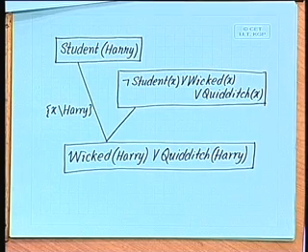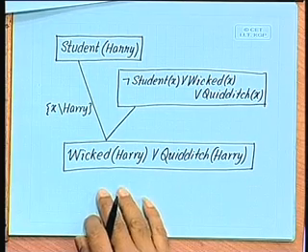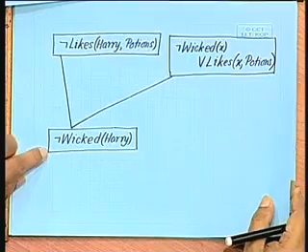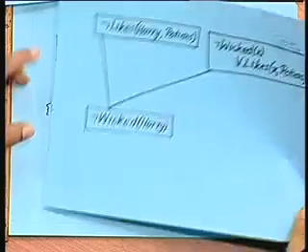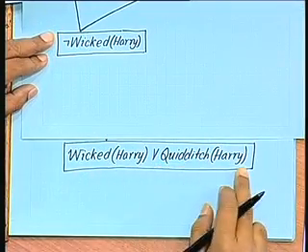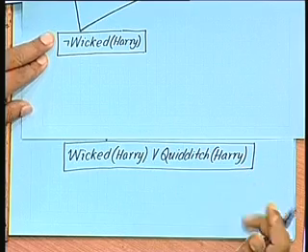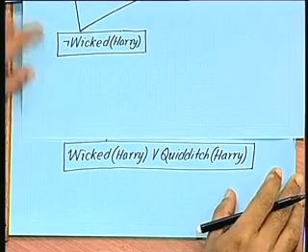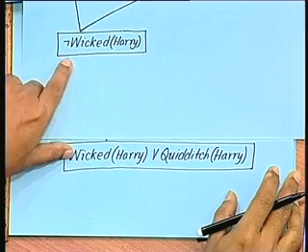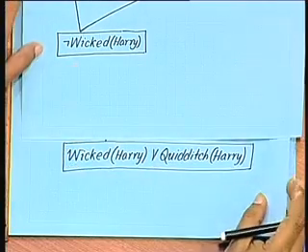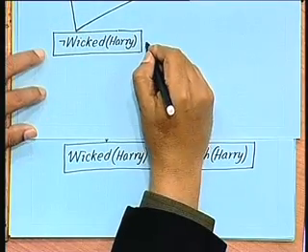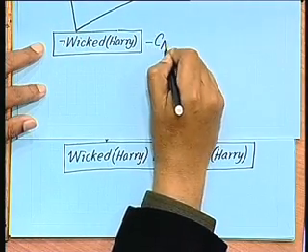Now, having deduced this, we will go back to the previous one where we had deduced not wicked Harry. So, we have not wicked Harry here and we have wicked Harry or Quidditch Harry here. If we use these two, resolving them will give us Quidditch Harry. Let us give this clause a name, let us say CA.